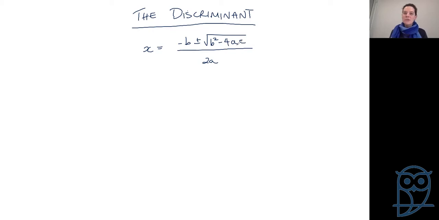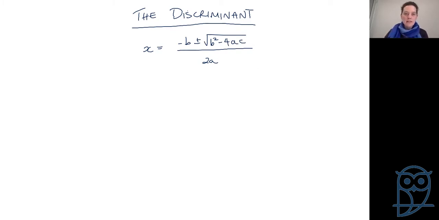So yes, we do focus on factorizing to solve because it is quicker, more efficient, and much more straightforward a lot of the time. But the power of the quadratic formula is that you can solve any equation. So factorizing is for equations that can be factorized. The formula is for any quadratic.